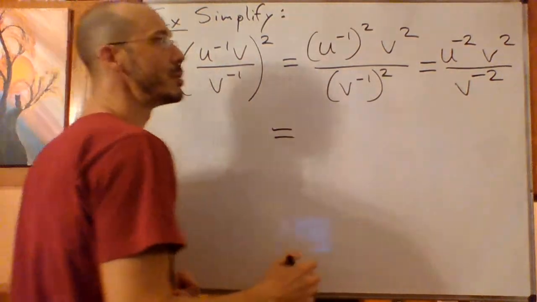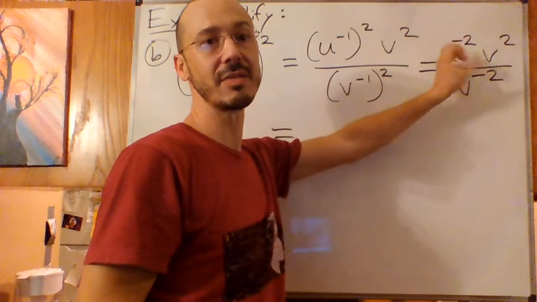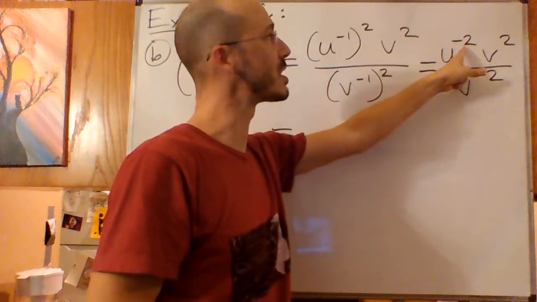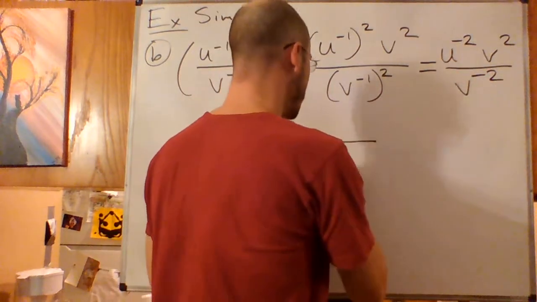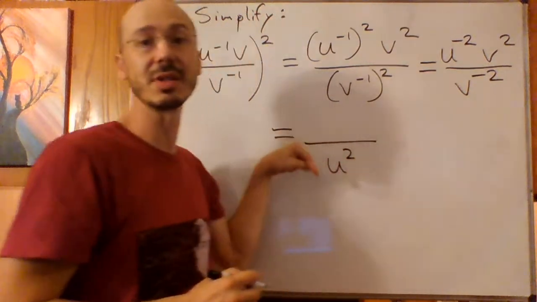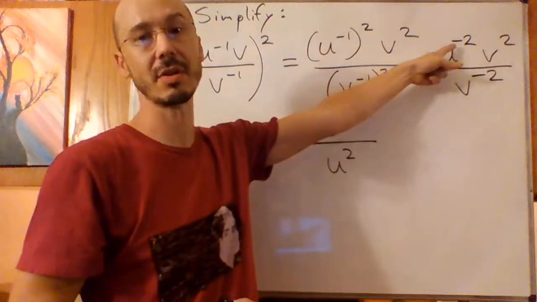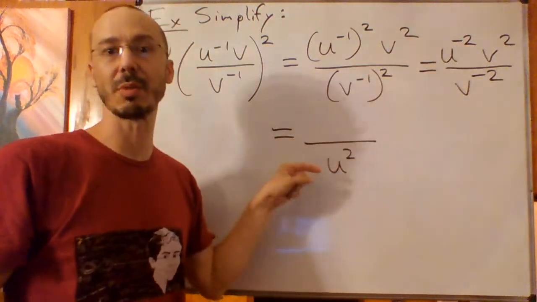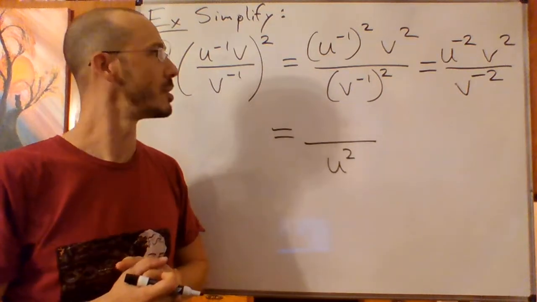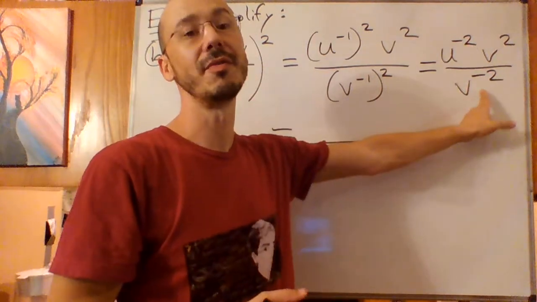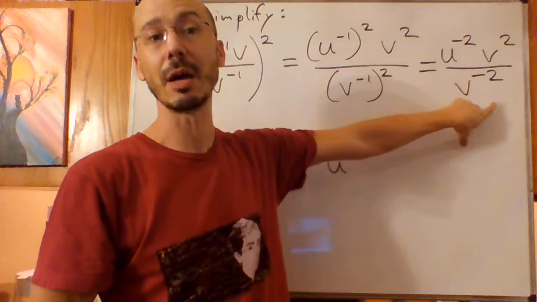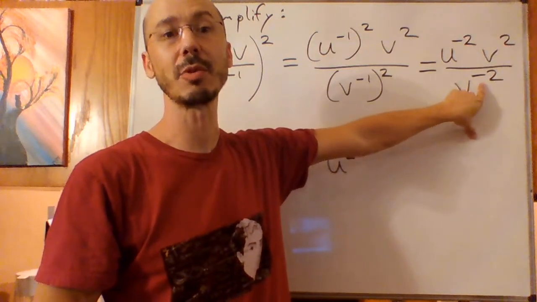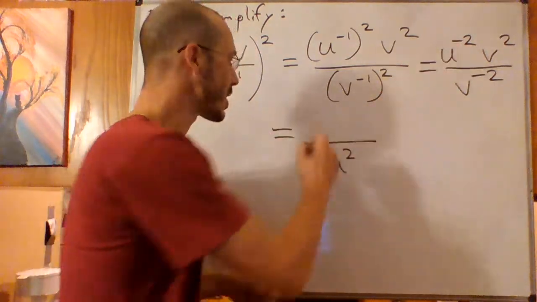Now I'm going to fix these negative exponents. What this u to the negative 2 means is that there should be a u squared downstairs. That negative exponent means it should be in the denominator. Also, the v to the negative 2 in the denominator, that negative exponent means this should really be upstairs.